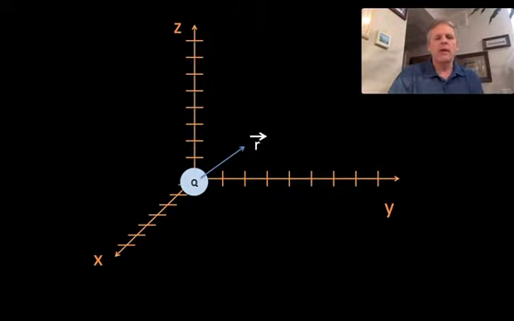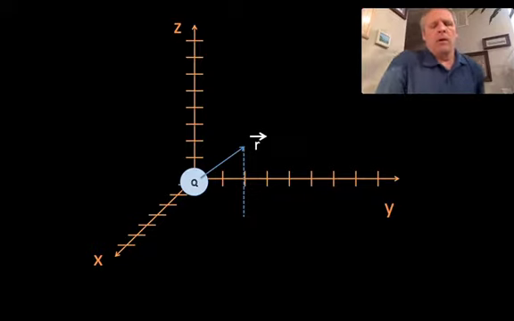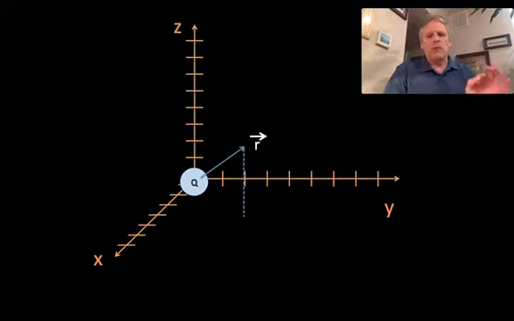So now we have this charge, and we've got some point r, and I'm going to draw a few extra projection lines, just so you get an idea of the coordinates and what I'm intending this drawing to be. If we were to draw a line straight down in the direction of the z-axis from the point where we want to measure the field, this is what it would look like.